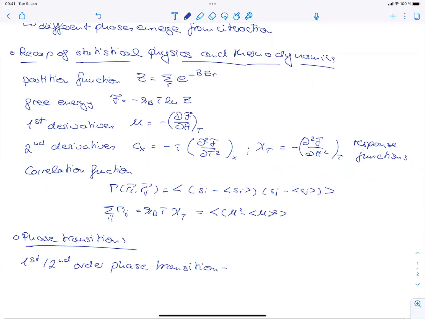And they correspond to either the first or the second derivative of the free energy having a finite discontinuity. So one of them is sufficient.